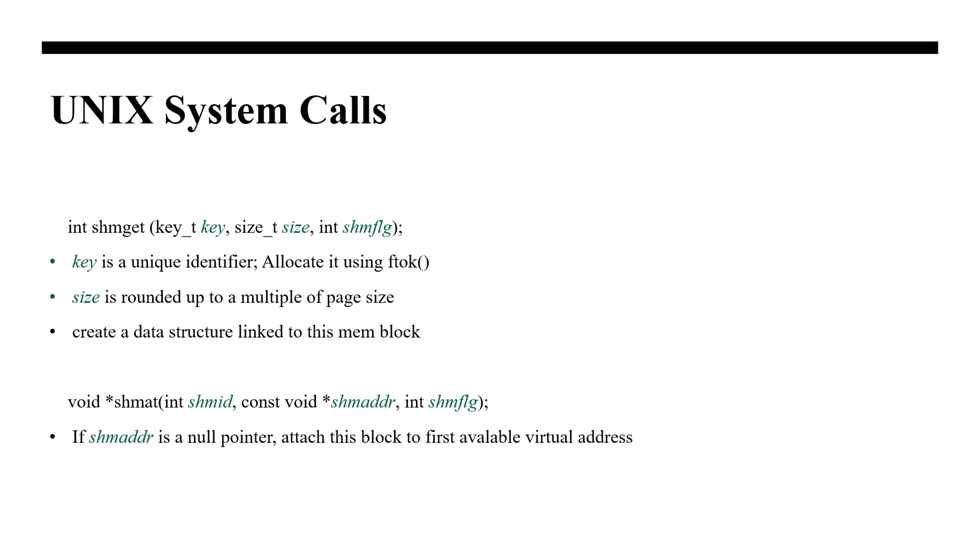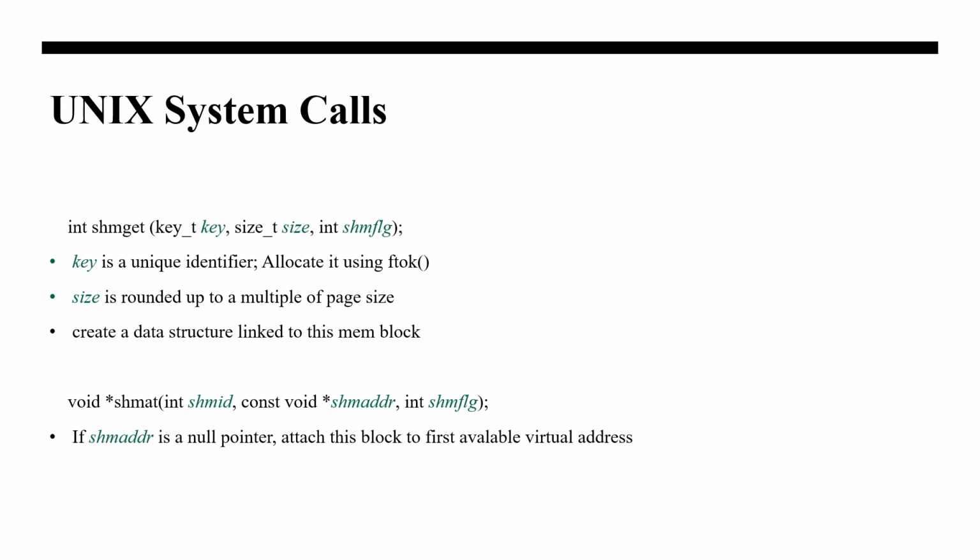So let's walk through some important Unix system calls to implement the shared memory IPC. The first one is the shared memory get function. This function returns you a unique identifier linked to a distinct physical memory block. So about the arguments, the first argument is the key. It might be wrong to describe it as a unique identifier.